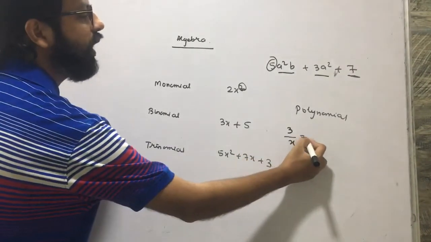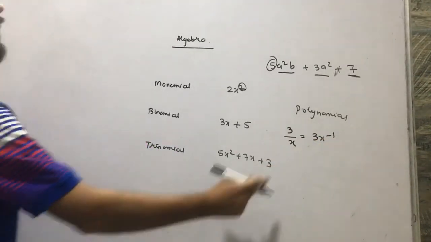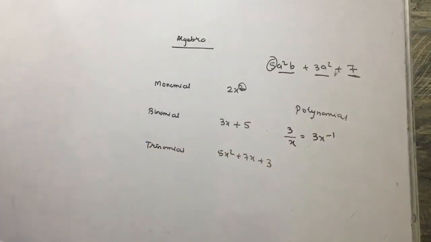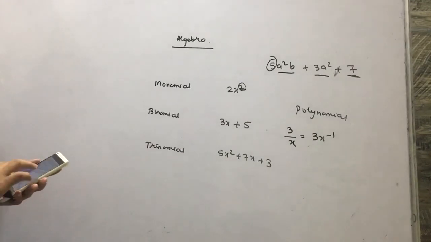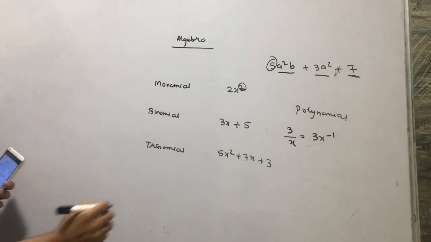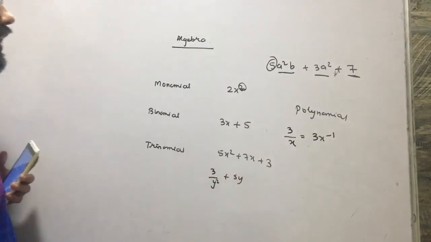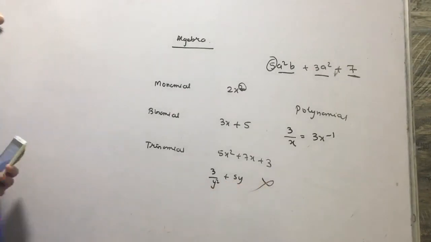When we write this, it becomes 3x raised to minus 1, so it cannot be negative. In short, the variable cannot be in the denominator. Similarly, 3 by y square plus 5y is also not a polynomial because we have the variable in the denominator.